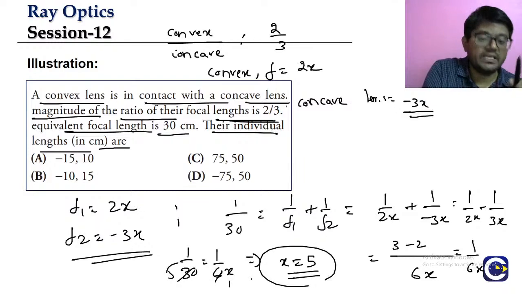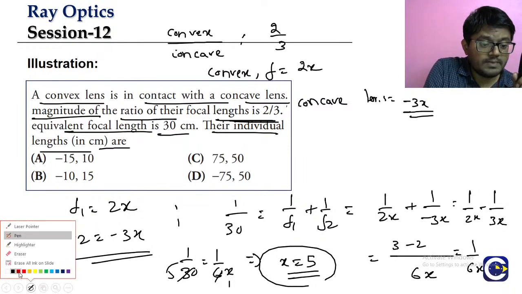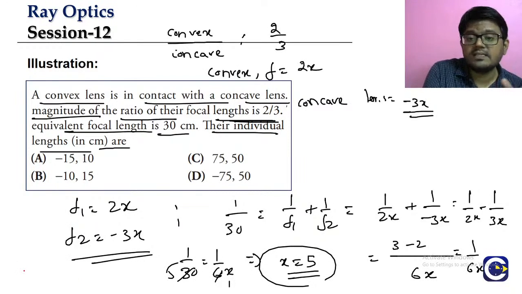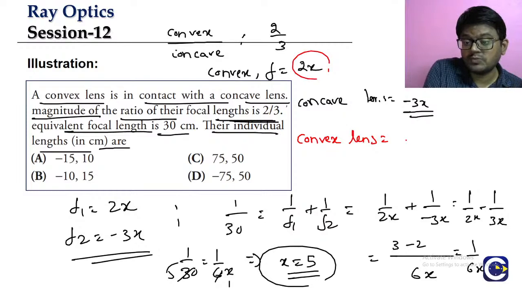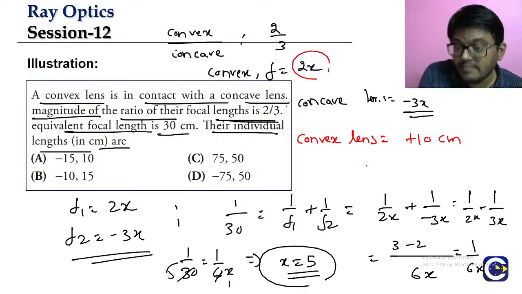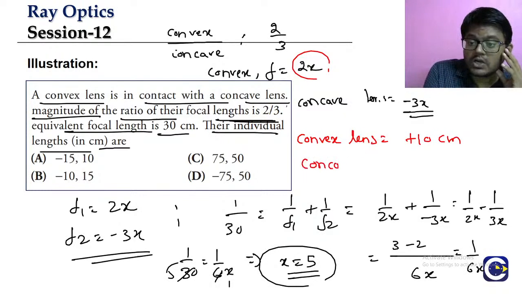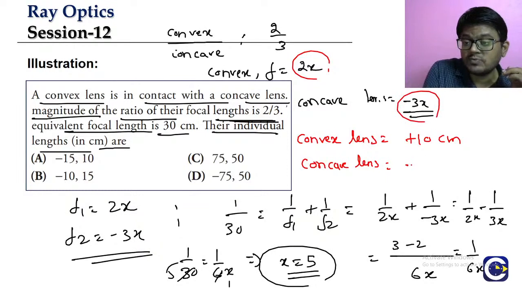X is coming as 5. We cross multiply, and the value of x comes as 5. It means the convex lens should have a focal length of 2x, which is 2 into 5, plus 10 centimeters. What about the concave lens? The concave lens is minus 3x, which means minus 3 into 5, that is minus 15 centimeters.